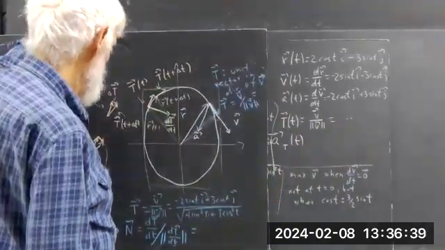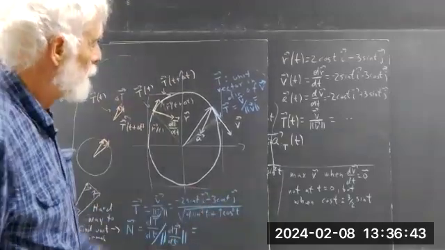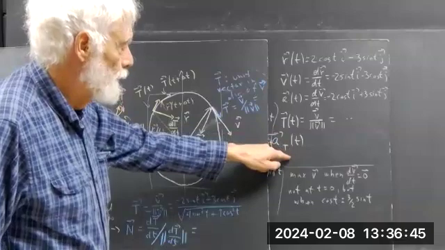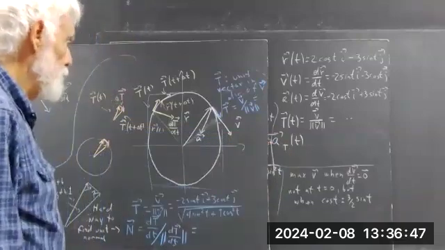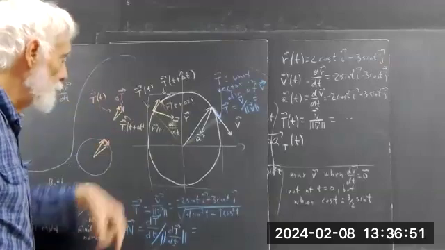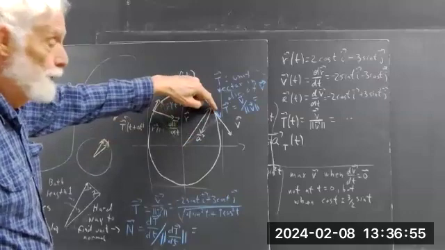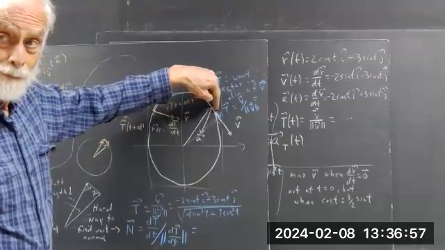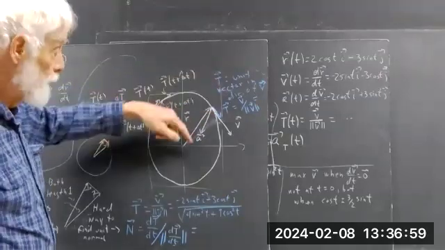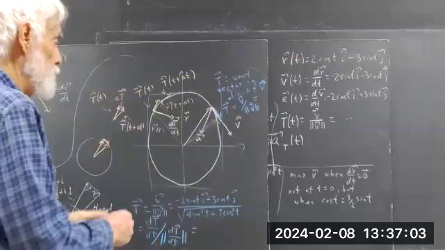You want to see it again? Your component of acceleration in the direction of your unit tangent vector. Go back here. Here's your acceleration. Here's your unit tangent vector, right? How do you get the component of the acceleration in the direction of the unit tangent vector? You project it.